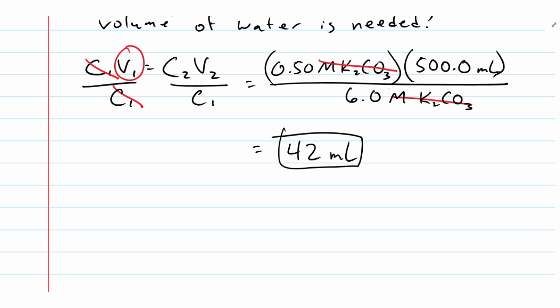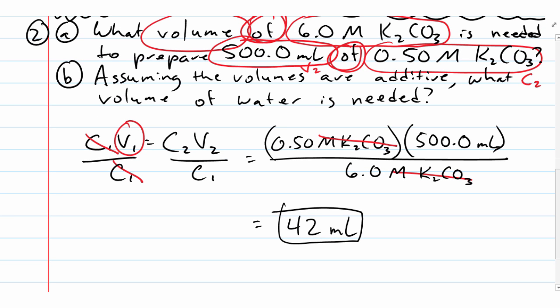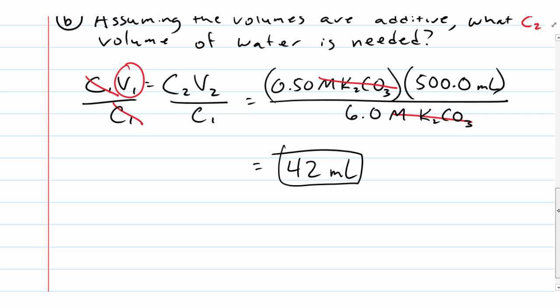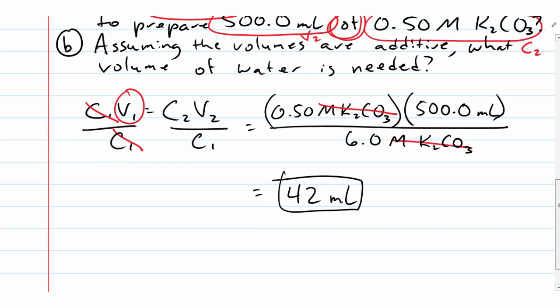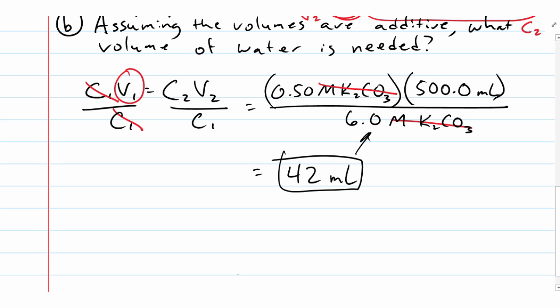Okay, once we get this, part B was, assuming the volumes are additive, what volume of water is needed? Well, this one should be relatively easy. What's the total volume we need? 500. And 42 milliliters of that would be this solution. So how would we find the amount that remains? We subtract.